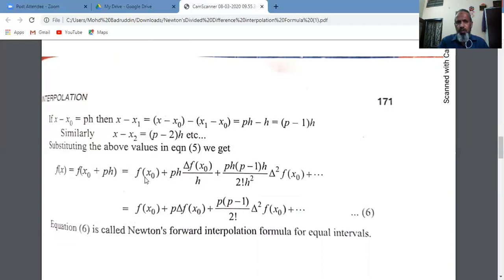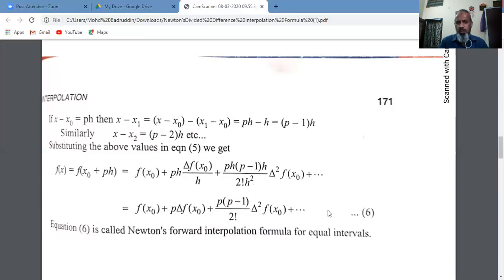So again, we are writing this as f of x naught plus p, this h cancels, delta f of x naught plus h square, h square cancels, p into (p minus 1) by factorial 2, delta square f of x naught plus p into (p minus 1) (p minus 2) by factorial 3, delta cube f of x naught plus so on.